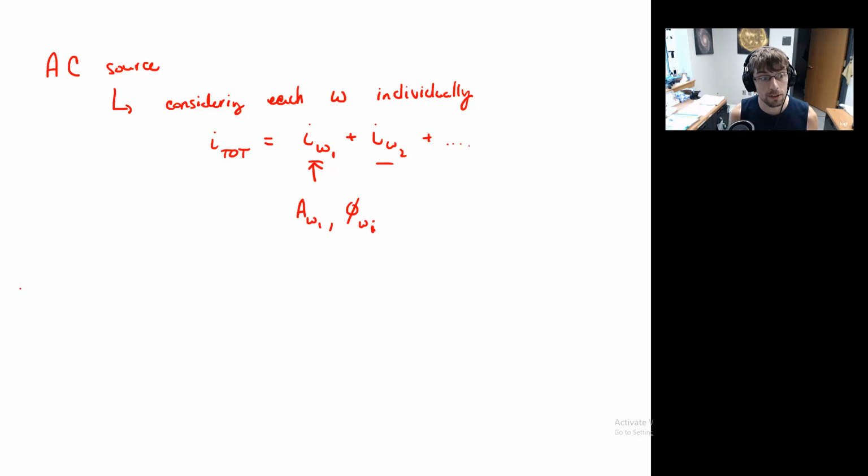Now with Fourier's theorem, we see that we can take any periodic function and express it as that linear combination of cosines and sines.